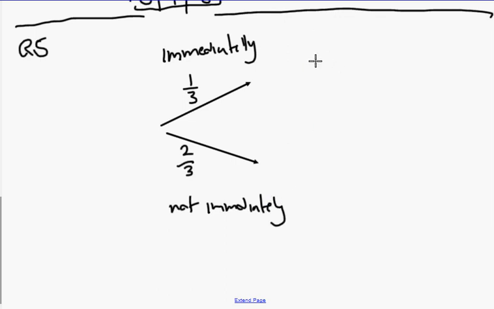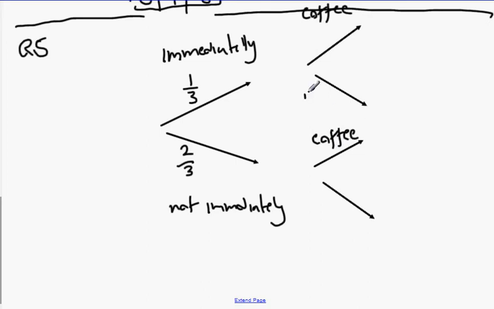Your next choice after this is you're on the road and you're deciding whether or not to stop for coffee. Okay? Up here will be coffee, and the other option is no coffee. Now, what happens here is we have to put down our probability. You have a 1 in 5 chance of stopping for coffee.